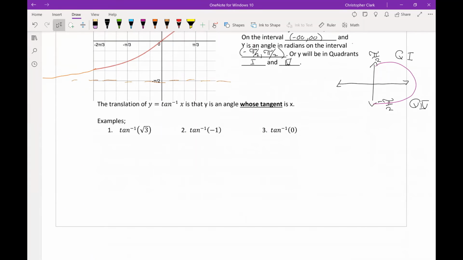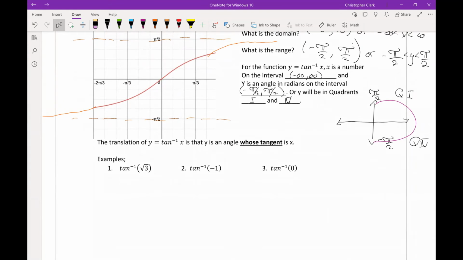So let's play around a little bit with some examples here. So tan inverse of root 3. The question is, what angle, if I plug it into tangent, will give me root 3?